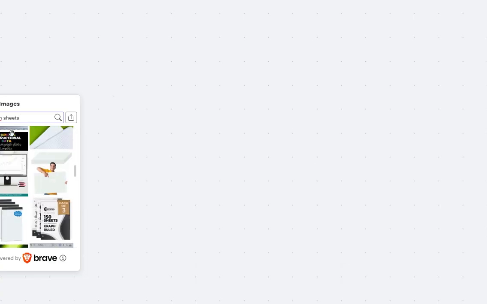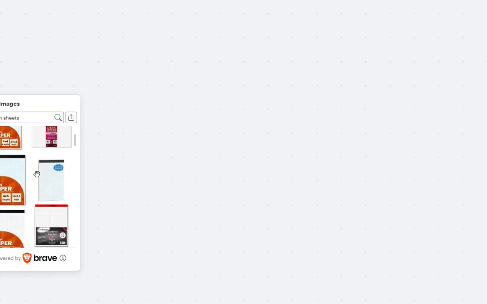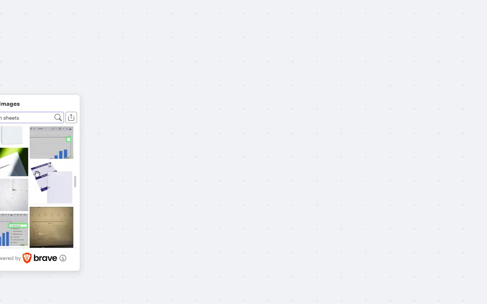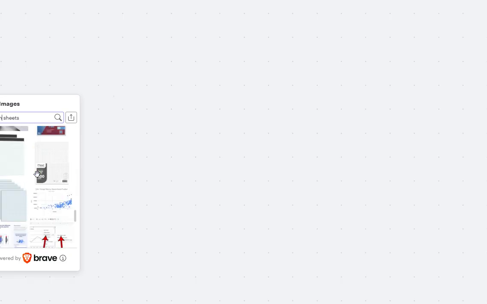Okay, let me just look for graph sheets. Please give me a good one. I mean, there's not a good one. Okay, but let me see what I can do here. Graph paper. Let me see. Okay, this can do for now.